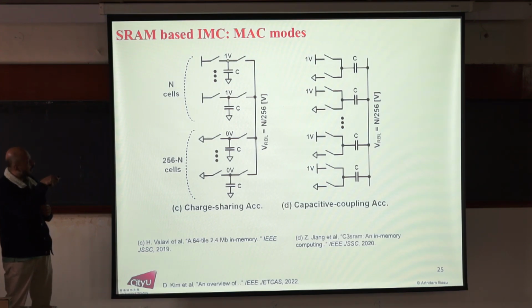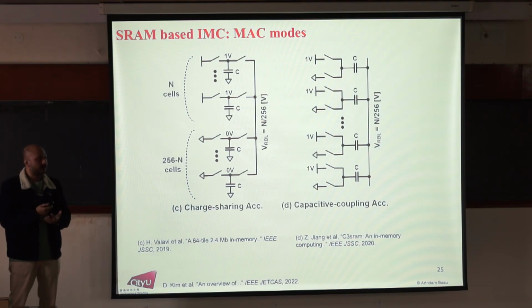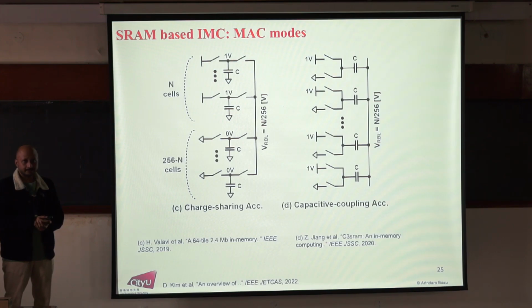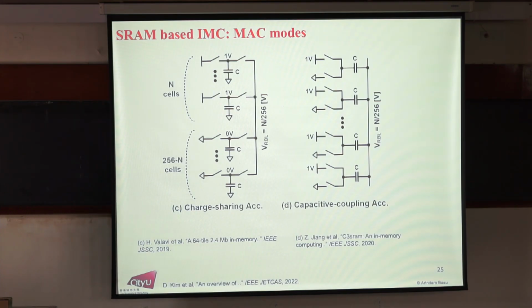If the output is 1, the capacitor stores 1. If the output is 0, the capacitor stores 0. Then in the second phase, you actually tie all the capacitors together for charge sharing, and then the final voltage on the bit line is the result of your operation, of your MAC. This is very linear because capacitive charge sharing is very linear.